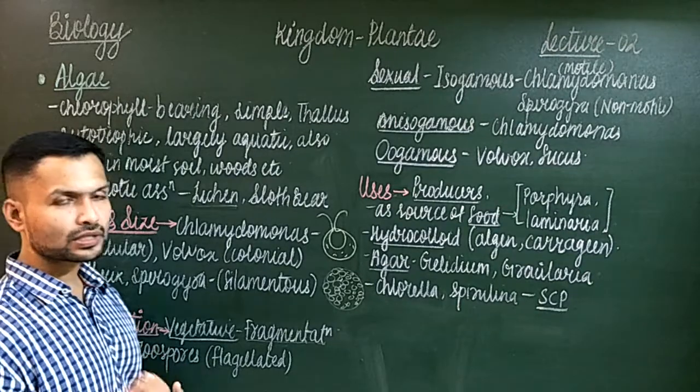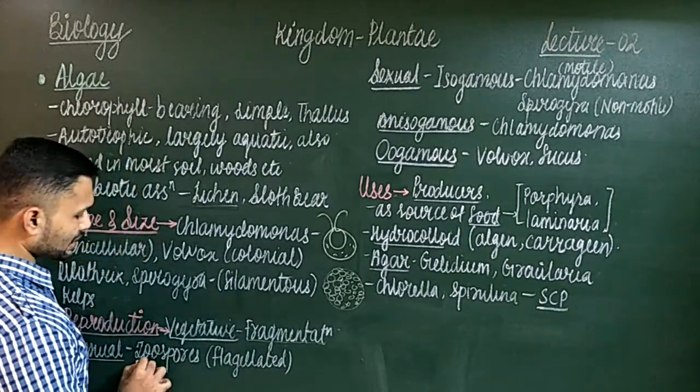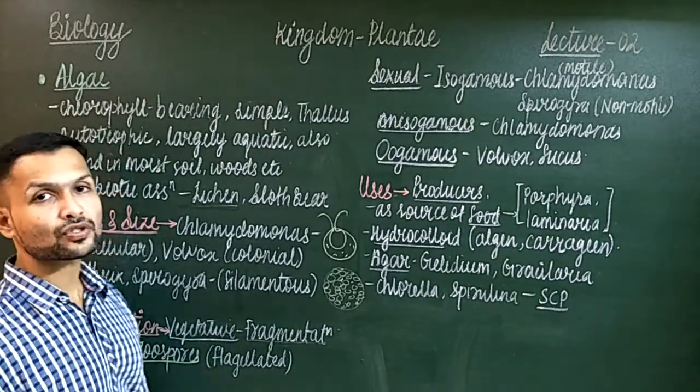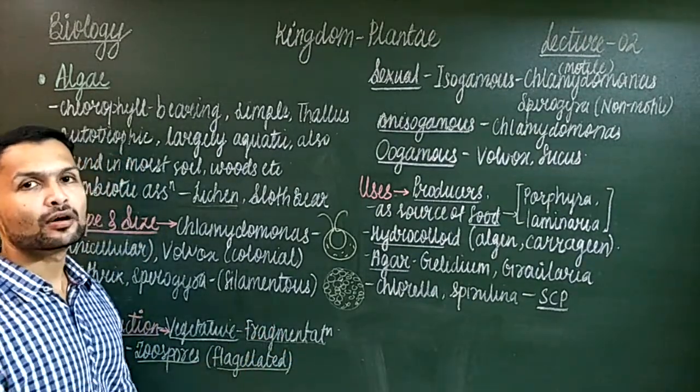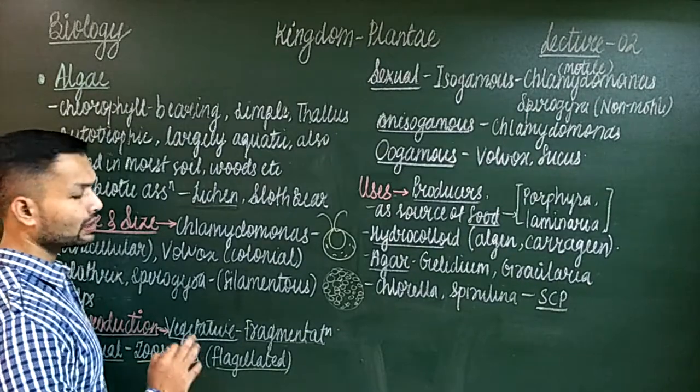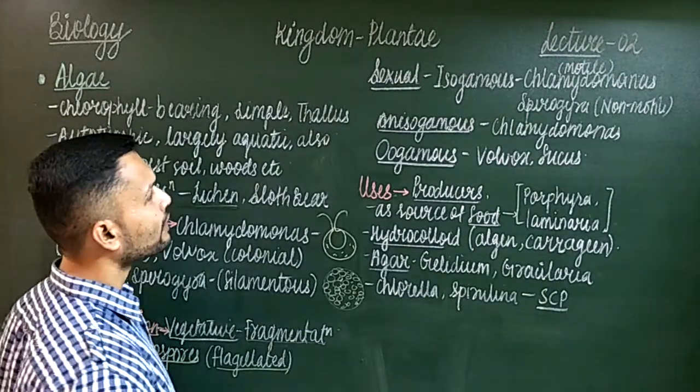So here also they produce zoospores asexually, which are flagellated, motile, due to the presence of flagella.